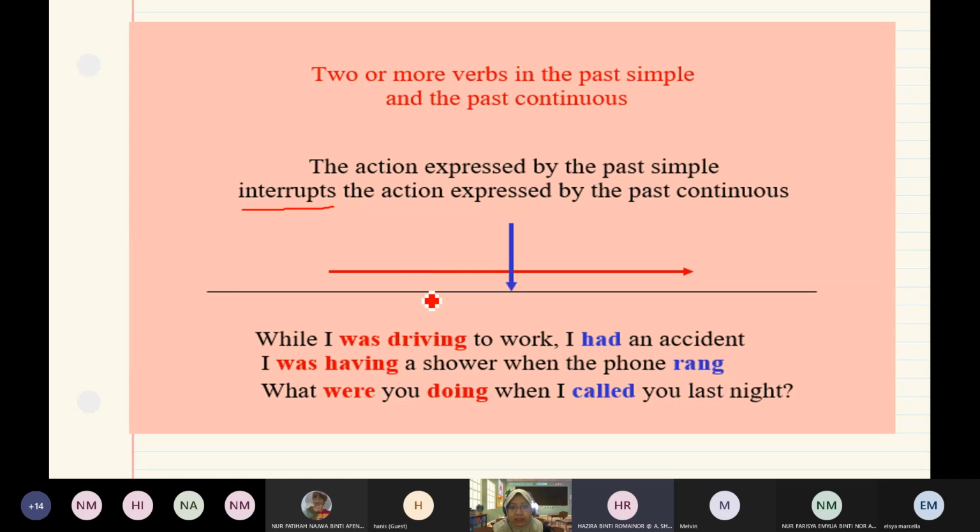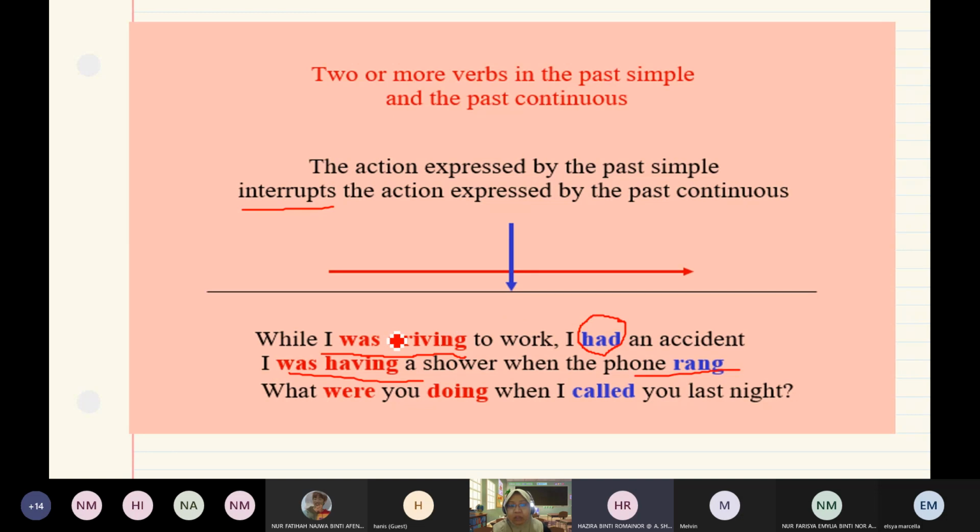Yang kedua ni, perbuatan kedua, you have to use past tense. The first one, you use past continuous tense. I was driving to work, then I had an accident. Number 2, I was having a shower when the phone rang. Maksudnya dia tengah mandi dulu, tiba-tiba the phone rang.